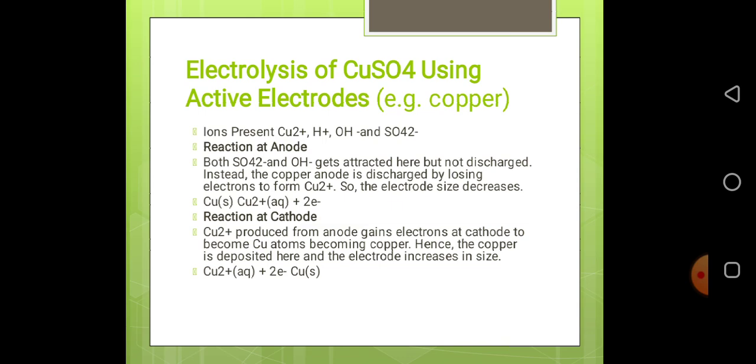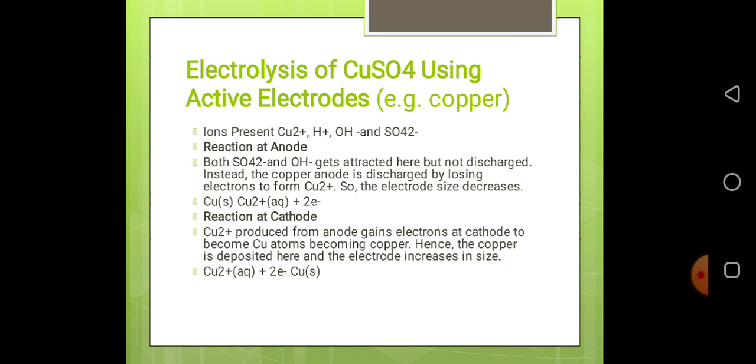Electrolysis of copper 2 sulfate using an active electrode. Please know the reaction taking place at the anode and the reaction taking place at the cathode.